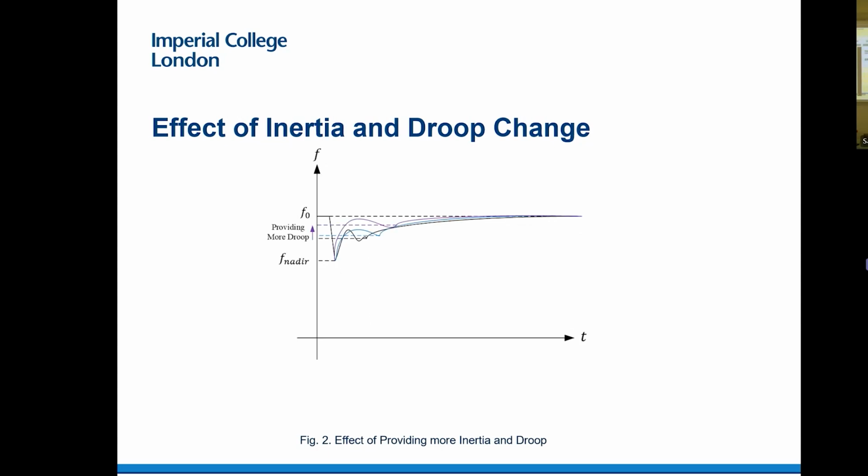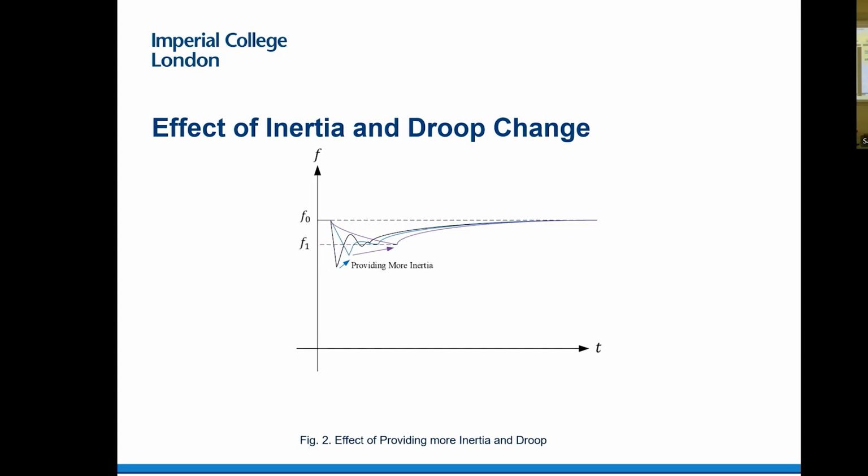If more droop is provided, then the steady state point of the primary frequency control would be closer to the nominal frequency. However, if more inertia is provided, the rate of change of frequency would be less. Therefore, both droop and inertia are essential elements for the grid.